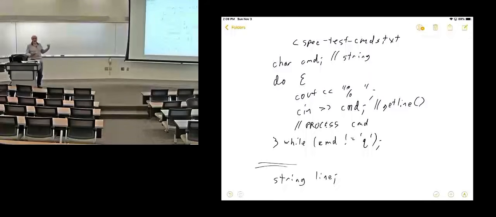Number sign is a comment, and it will always be number sign space. In project, I forget which one or two, the comment character might not be followed by a space. Here it will because all commands must be followed by a space. So if we read the number sign, we can just get the rest of the line, throw it away, and we do nothing else.